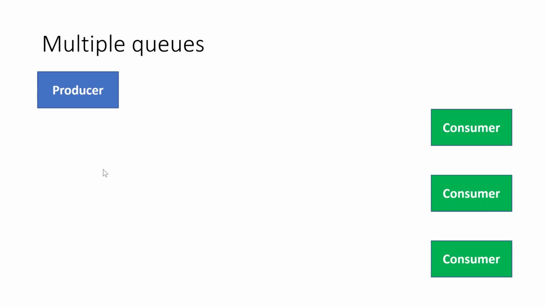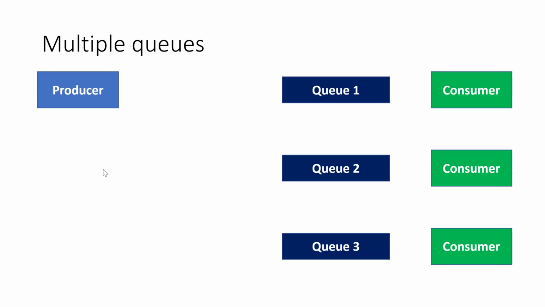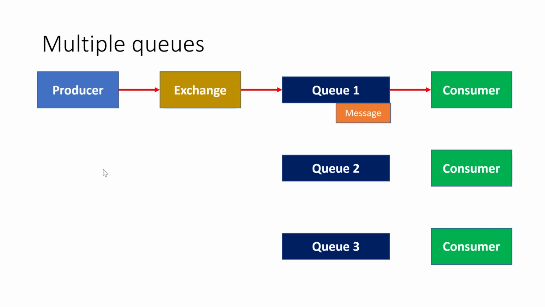Now there are instances where you have multiple queues as well. Again, it's the same process. The producer creates the message and sends it to the exchange. And then the exchange decides where to send the message. Based on some rules, it can send it to Q1.